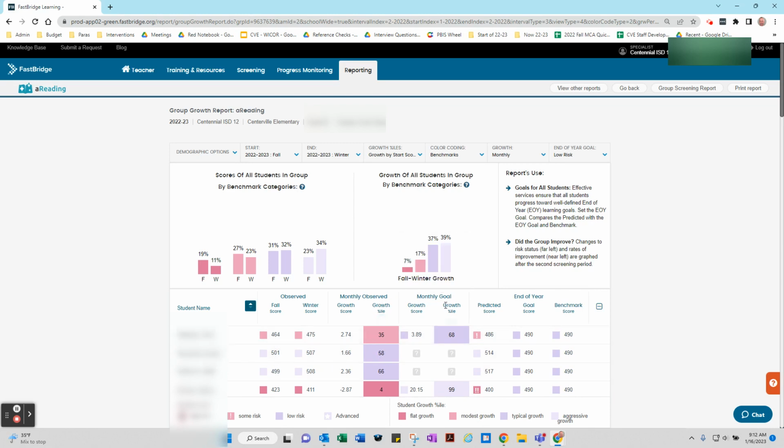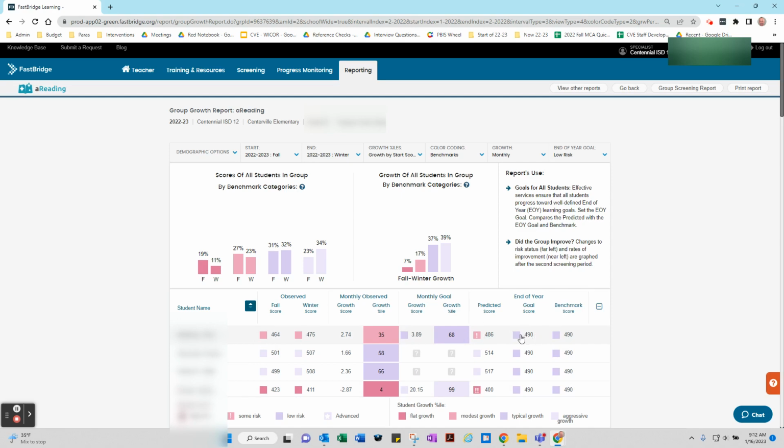All right, the next column over talks about monthly goal. Remember, we want all our students to end the year at the low risk level, or dark purple. This student started at a some risk level, but we want him to get to the low risk level.